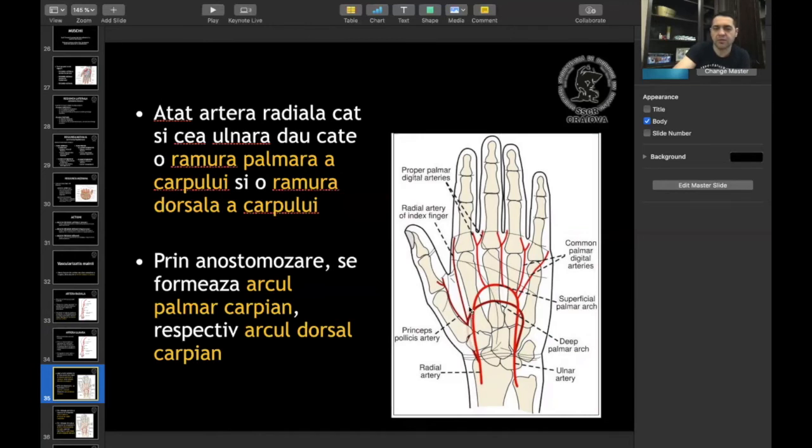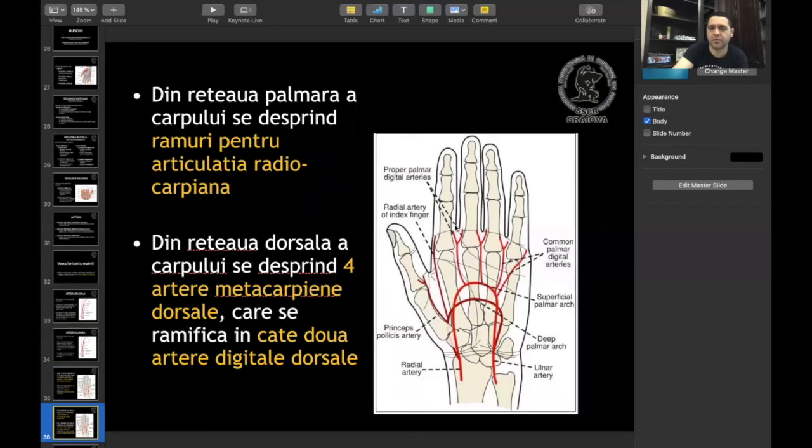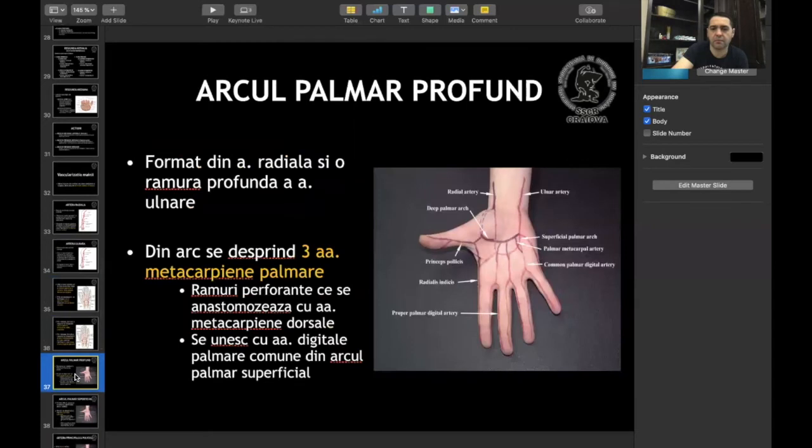From these arches, the common digital arteries start, and at the level of the metacarpophalangeal joints, the common digital arteries split into proper palmar digital arteries, as you can see here. Here, palmar arches, common digital arteries, proper digital arteries. Here is the radial artery, here is the ulnar artery.